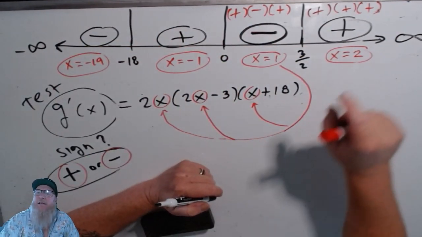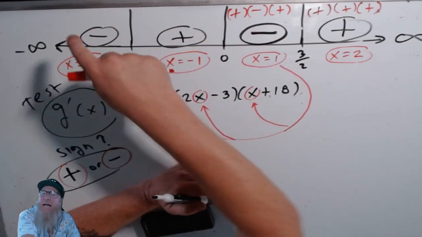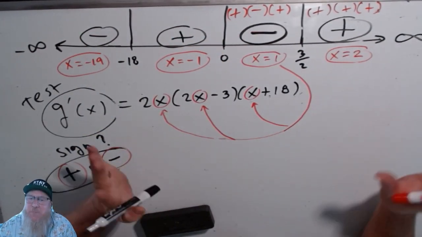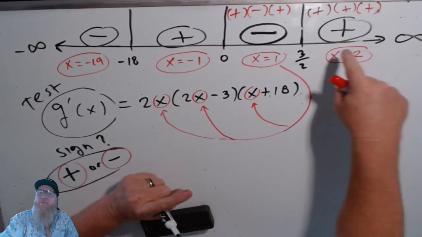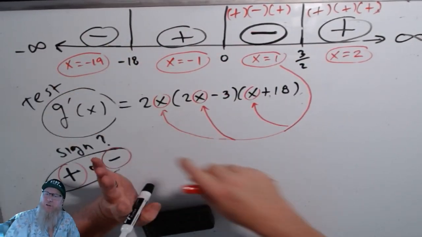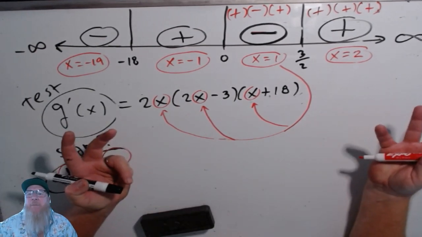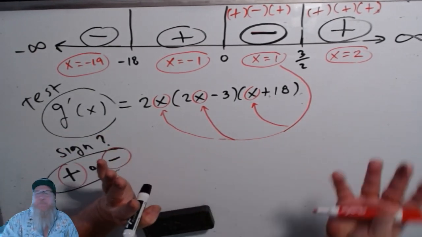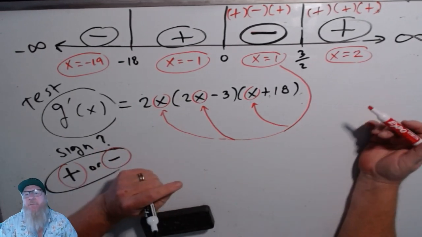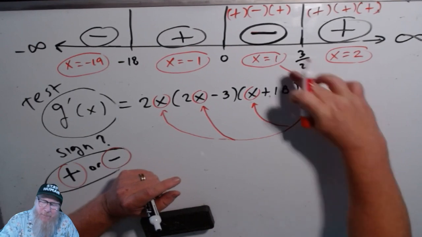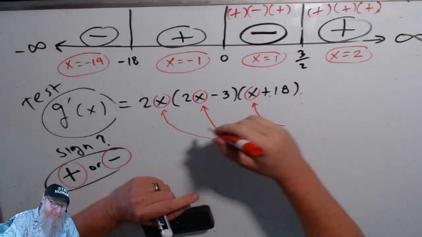There are examples that go positive, negative, negative, negative. Any combination of pluses and minuses is possible. Now, the most likely is alternating: plus, minus, plus, minus. That's the most likely combination. Or minus, plus, minus, plus. But it's not the only one. There are other possibilities. So you probably should still check, okay?